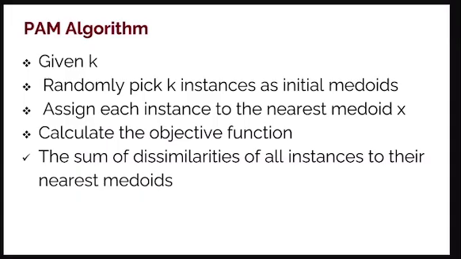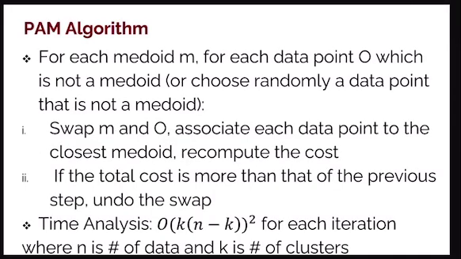Now let me tell you this. Because this is an iterative algorithm, K-means and K-medoid are both classified as iterative algorithms. There's going to be a lot of iteration, but it could take the K-medoid algorithm a longer time than K-means to converge to a true value.